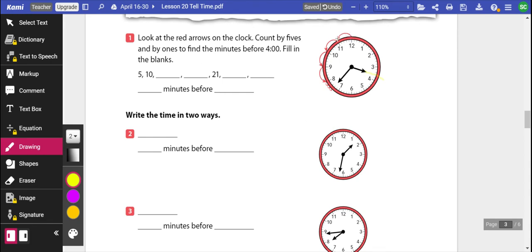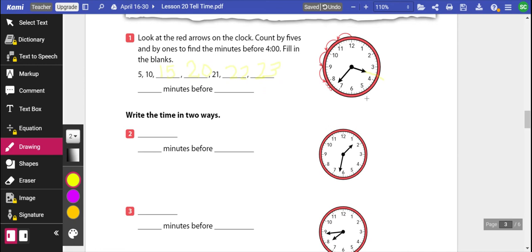So here we go. 5, 10, 15, 20. And now I'm going to count by ones. 21, 22, 23.